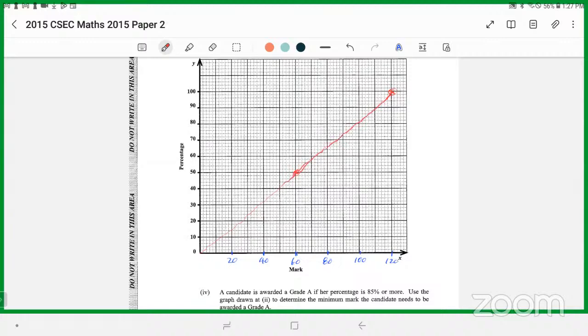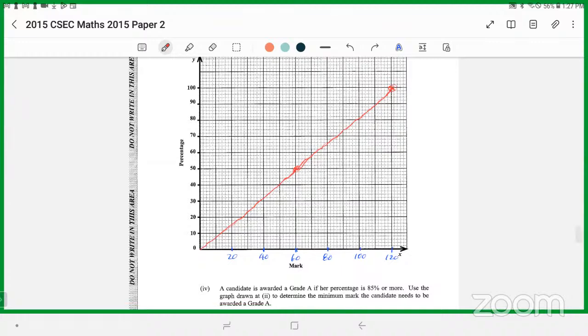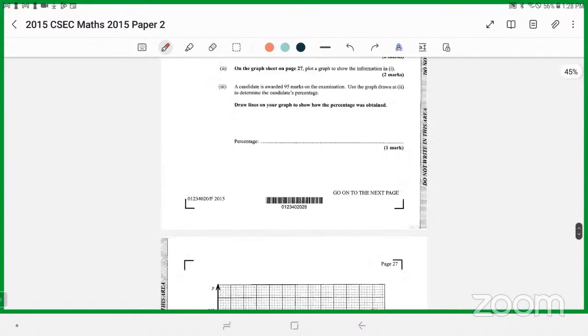And that will be the graph for the grades. So based on this graph now, for any grade down here, you can get the percentage. Or for any percentage up here, you can see what marks the person got, all right? We can also work out the calculation and see what the values are supposed to be, to see if they match the graph. All right, so that's the graph.